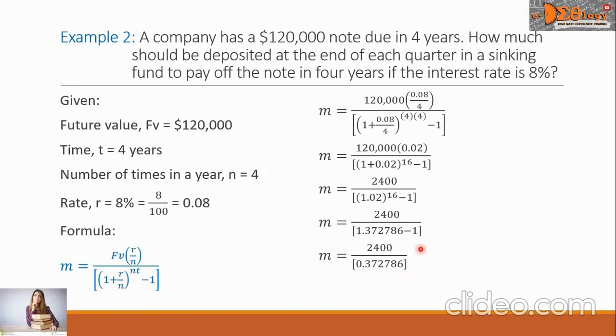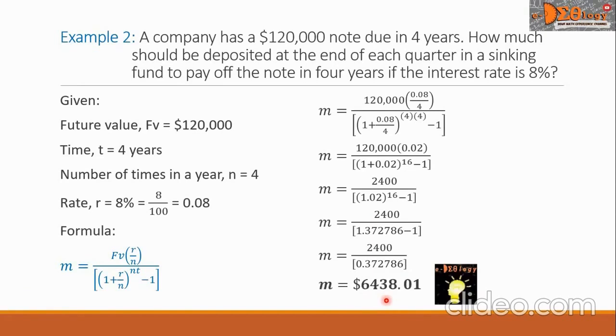And then we will divide 2,400 by 0.372786. And the quotient is 6,438.01. We will attach the dollar sign. This is our sinking fund. This is our final answer.